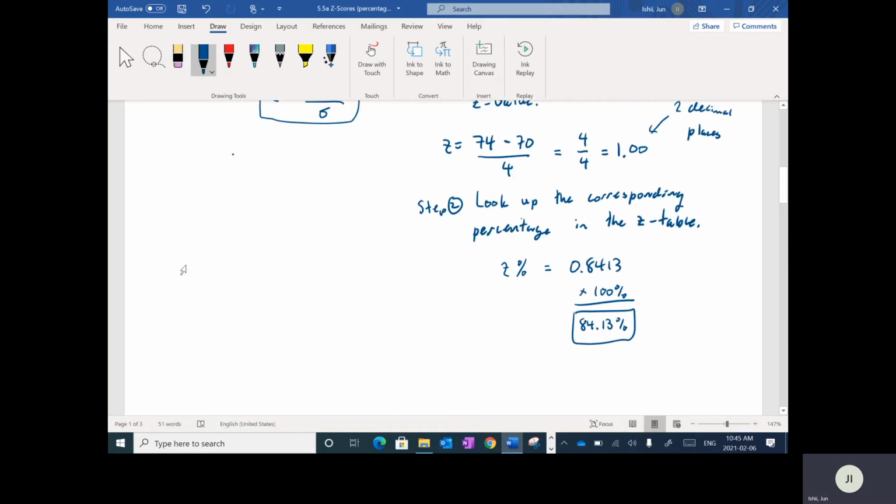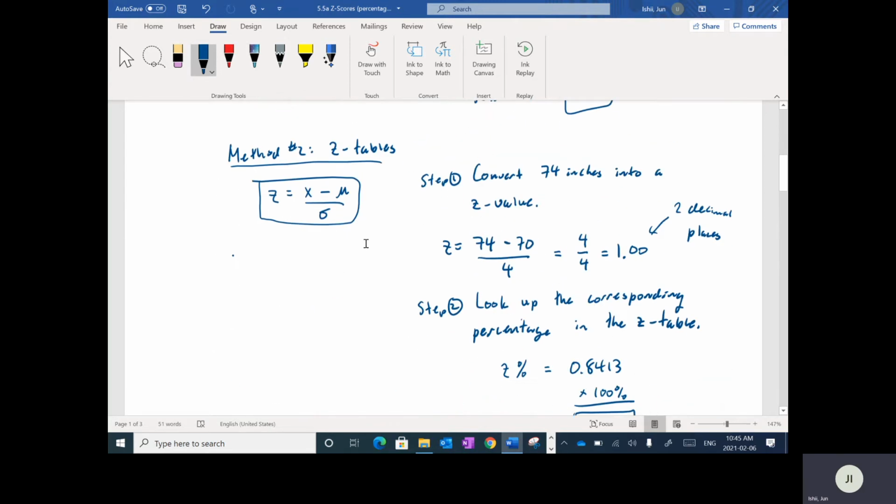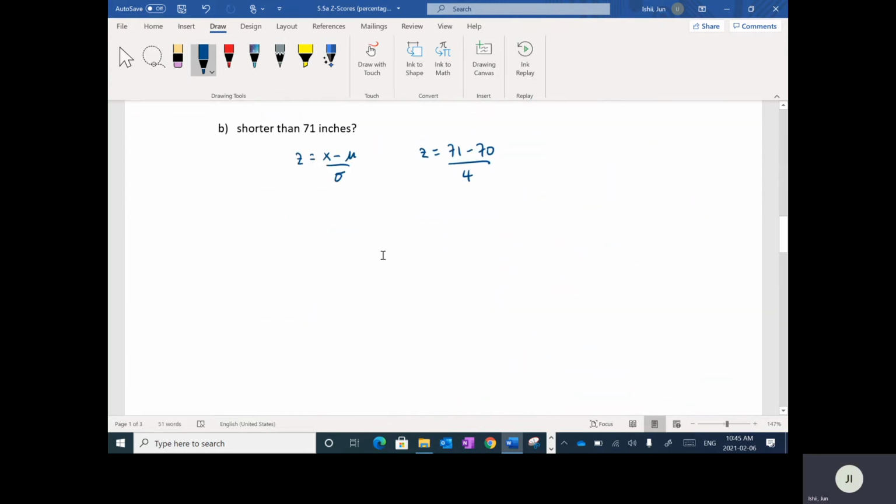I'm using the same example, with a mean of 70 and standard deviation of 4. So this is going to equal 1 over 4, which as a decimal is 0.25. It naturally goes to 2 decimal places, which is good.